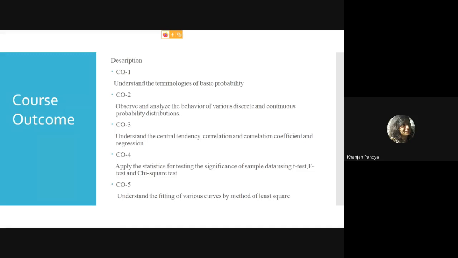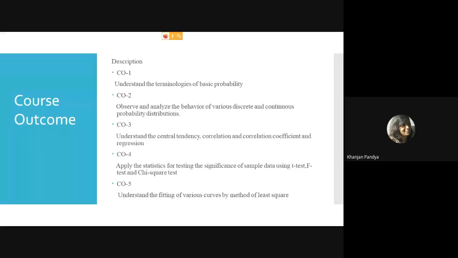After learning that, we are going to analyze discrete and continuous probability distributions. I guess that is new for you. So you have to learn something new and very useful in unit number 2.